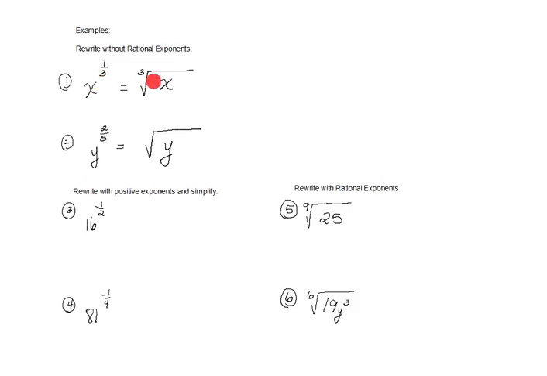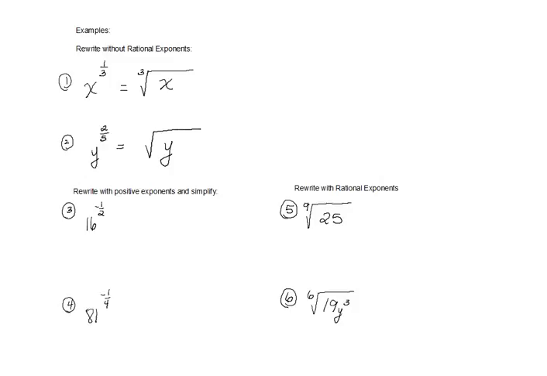So if we look at number 2 here, we have y to the 2/5 power. Well, if we are going to write this into radical form, we need to know which one is going to be the root and which one is going to be the exponent.